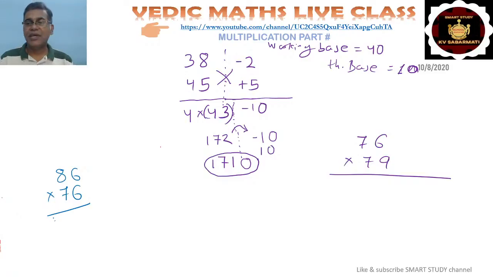Find out 86 into 76. This will be how much? Niva Parmar, very good, beta. 6536, I have also answered that.